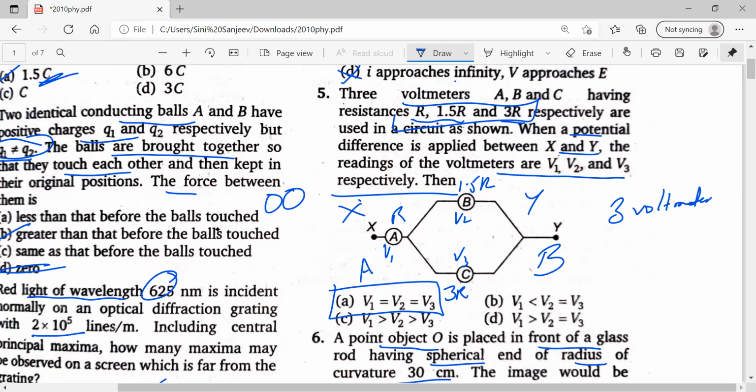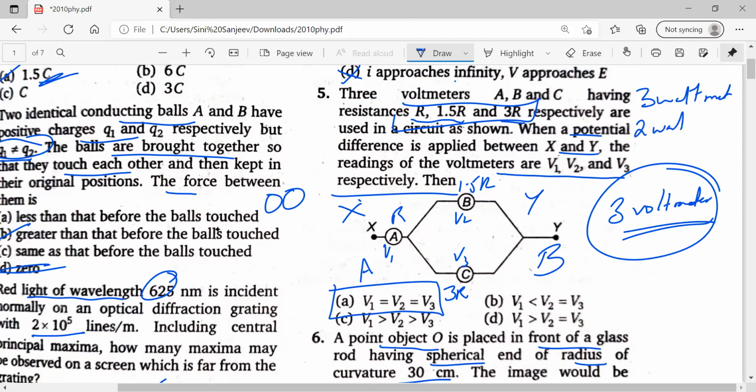The same is true in engineering, where you get the three wattmeter and two wattmeter methods, which you will study in basic electrical engineering in your first or second semester, depending on the physics or chemistry cycle. Same kind of questions are there. Clear?